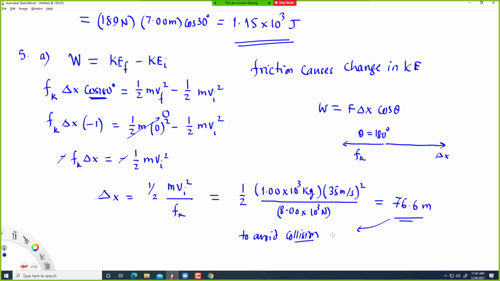If the distance between the vehicles is initially 30 meters, at what speed would the collision occur? So in this case, delta x would be 30 meters.